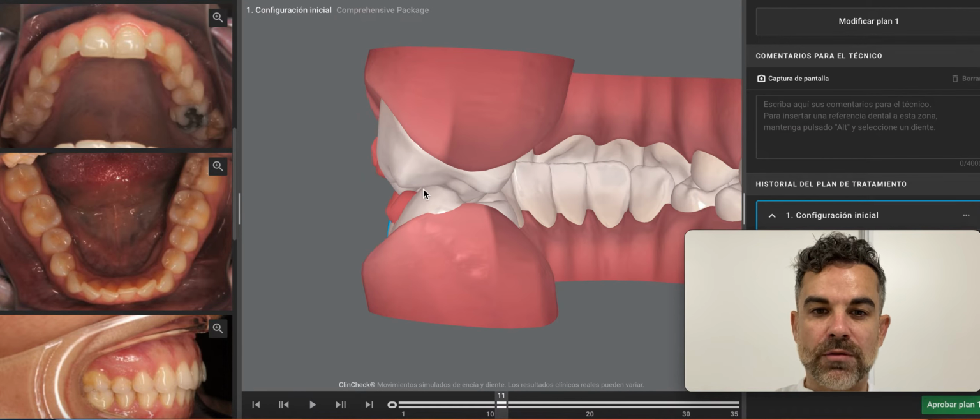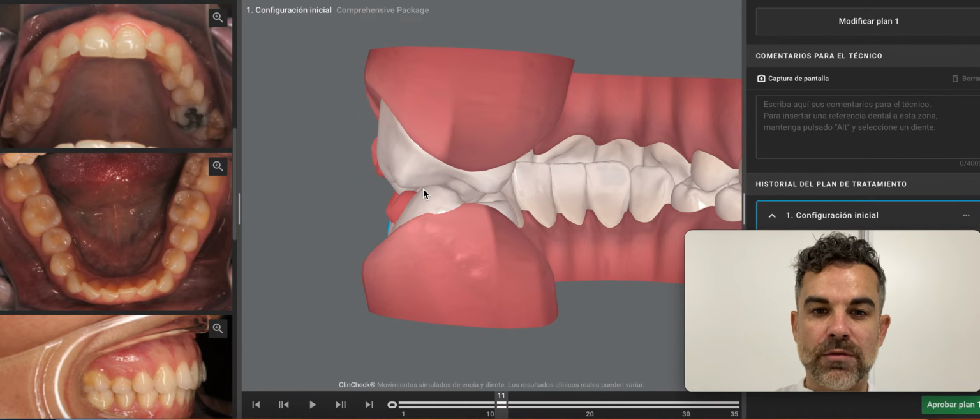So we should delete this. This is an ideal position, the occlusion of both, but if the CAD designer is planning this additional expansion in the lower arch, this is going to avoid the upper compression to happen or the lower expansion to happen. Therefore, what we should do in this case is change the final position.